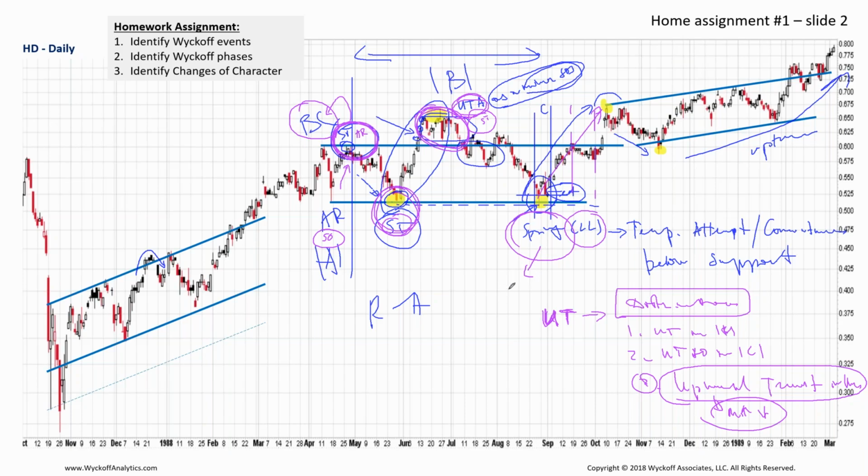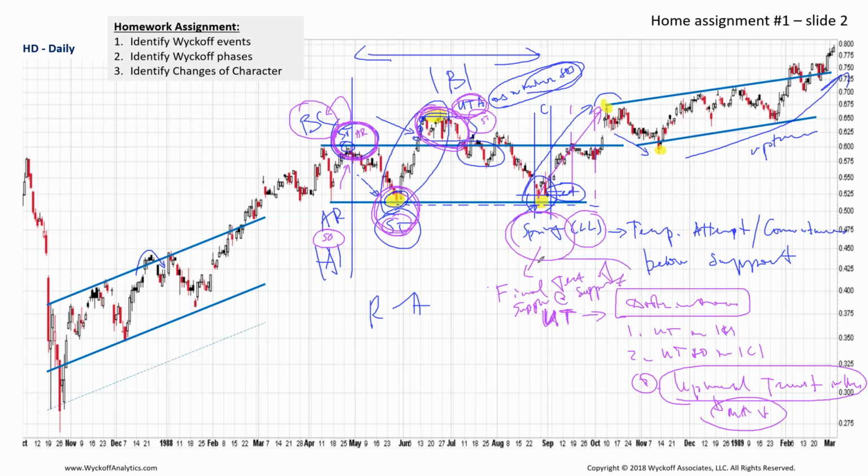intention. What is the intention, Philip, for phase C? It establishes the new trend and changes the character. It's the final test, the final test of supply at the support level.